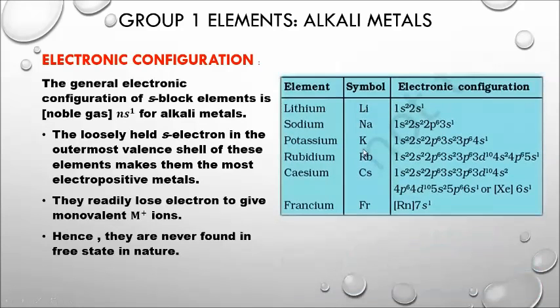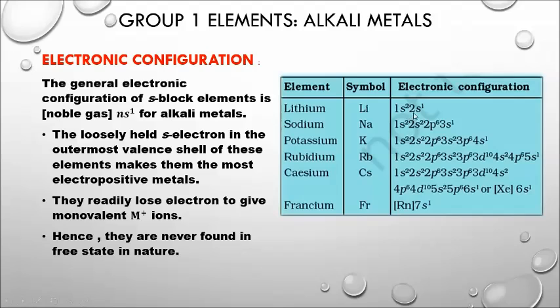Now, here is the electronic configuration of the first group elements: lithium Li, sodium Na, potassium K, rubidium Rb, cesium Cs and francium Fr. How can we write it? For lithium, 3 is the atomic number, so we write 1s2, 2s1.